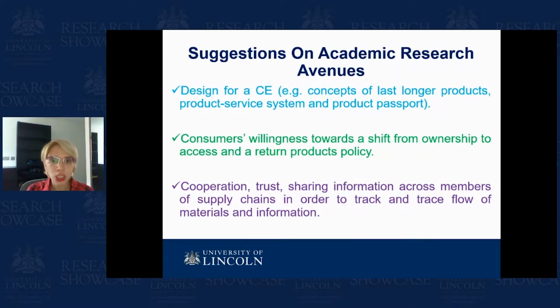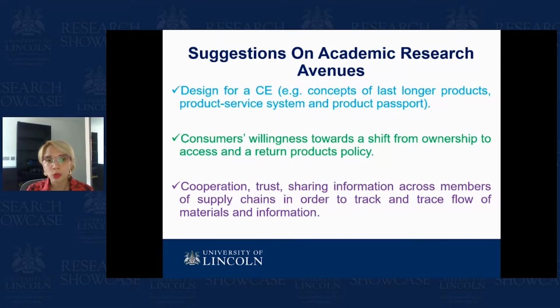Cooperation, trust, and sharing information across members of supply chains in order to track and trace the flow of materials and information. So in order to put the loop business model into practice, it's important to understand the structure and design of the supply chain, and to develop a different perspective of cooperation and collaboration between them.